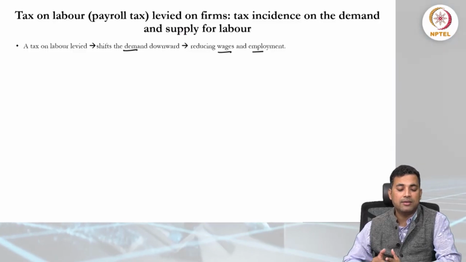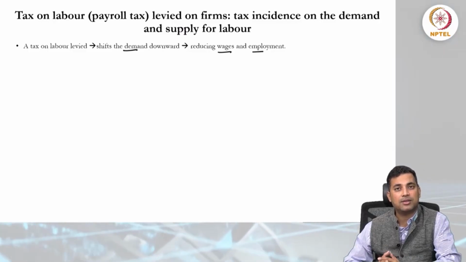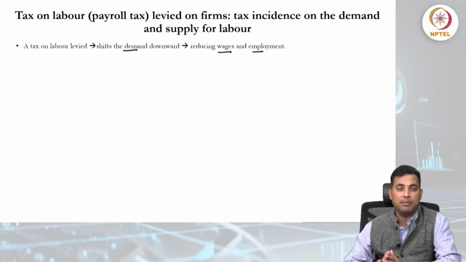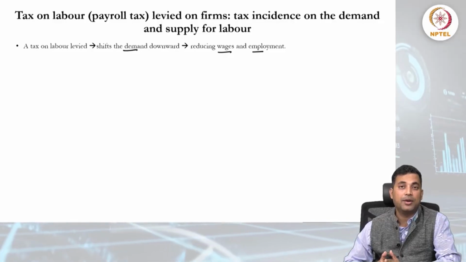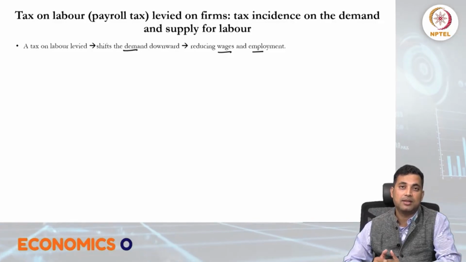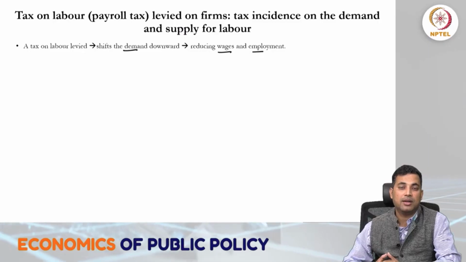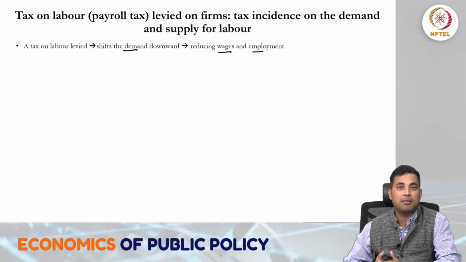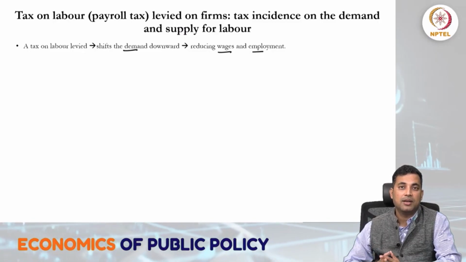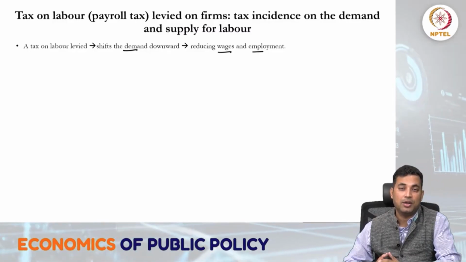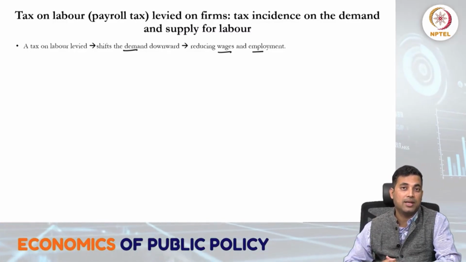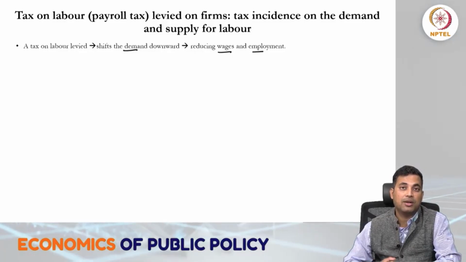So that is the typical discussion on labor supply and labor demand, which we will not discuss in much more detail. But certainly the nature of the labor supply curve determines what happens if tax is imposed on labor, and how it changes the labor demand.